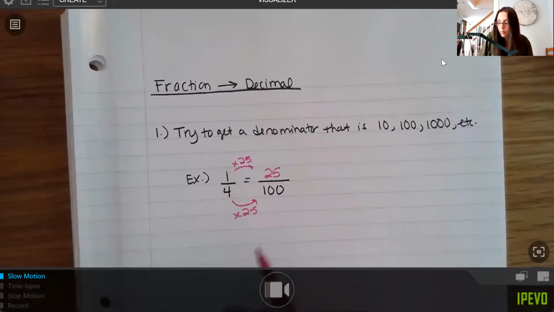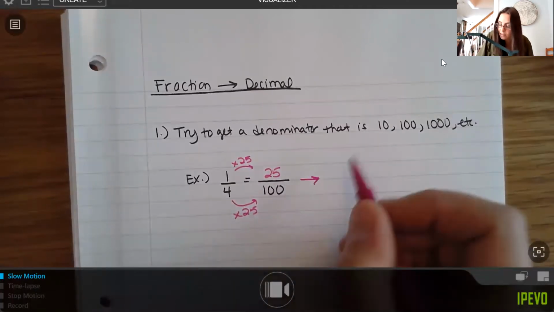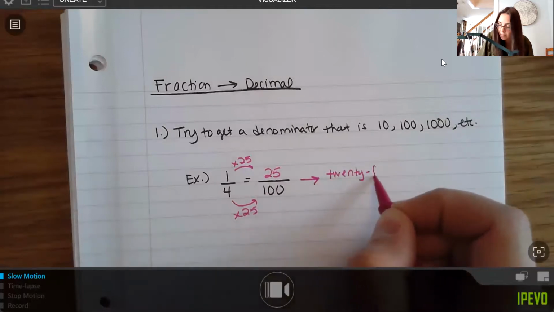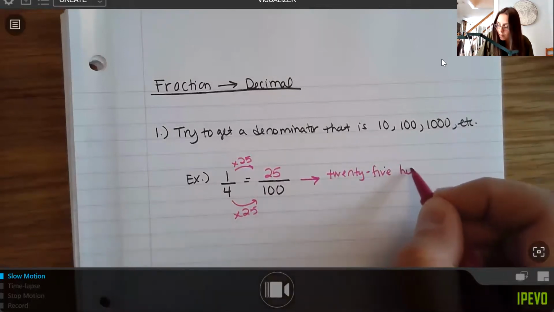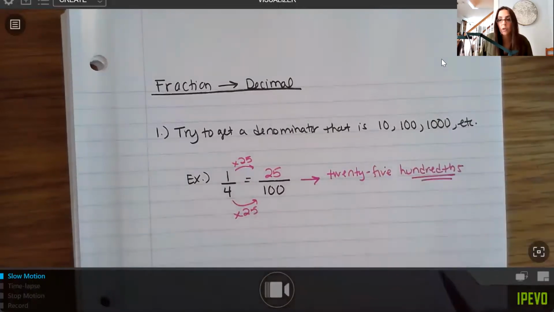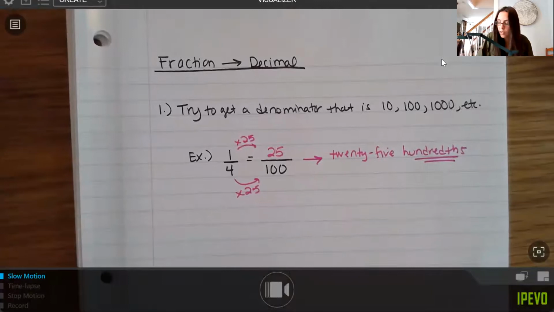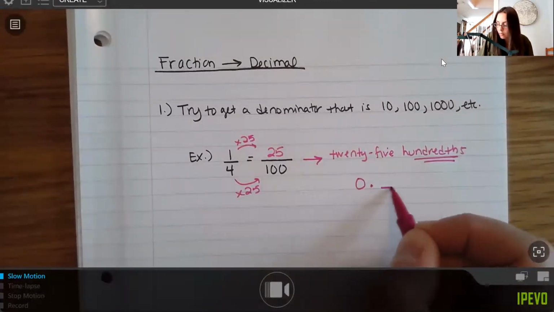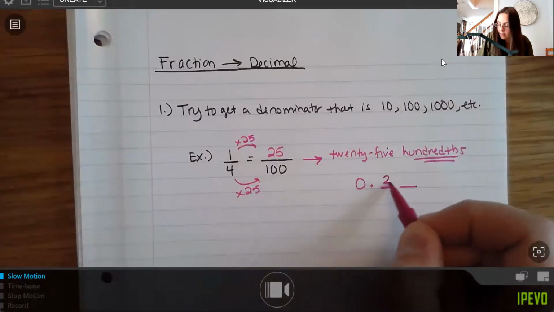So now we can read this as 25 hundredths. So using our place value chart, remember the hundredths is 2 positions out, right? So I'm going to put the 25 like this.